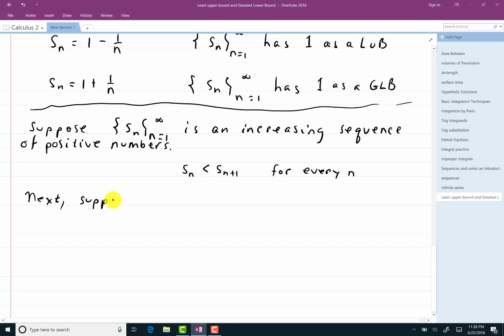Next, suppose S sub n, n equals 1 to infinity, has an upper bound.